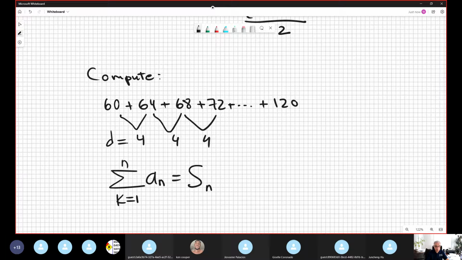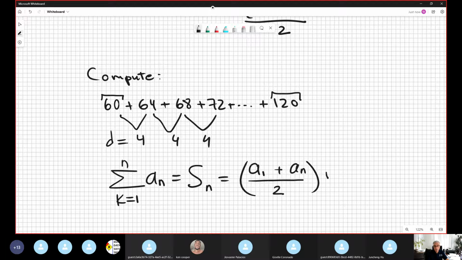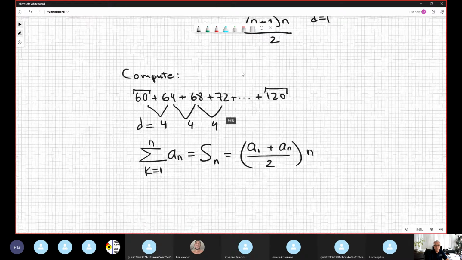Actually, we're doing summation. Well, the summation is the first term I have in my hand, 60, plus the last term I have in my hand, 120, divided by 2, or average, both multiplied by n. It's a formula. Look at that. I copy it a little bit different, but it's the same.